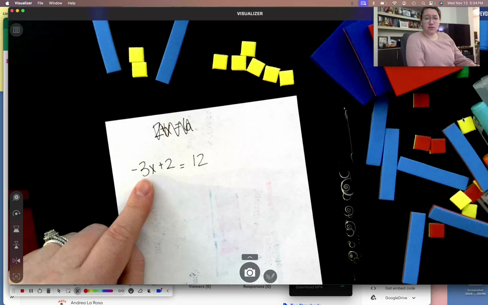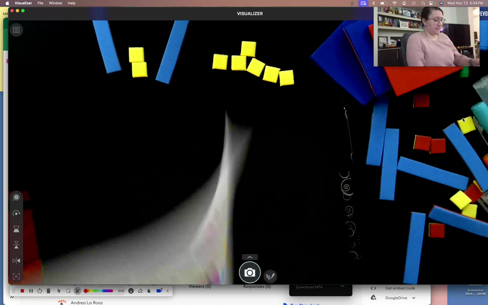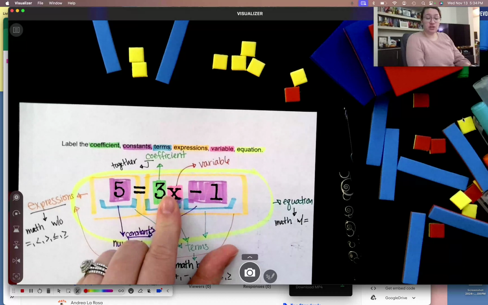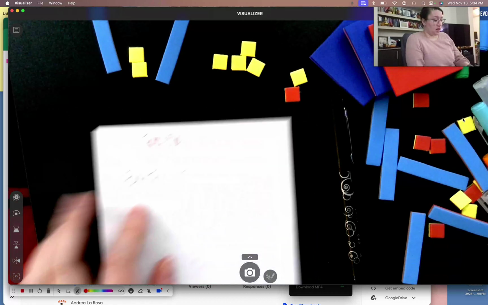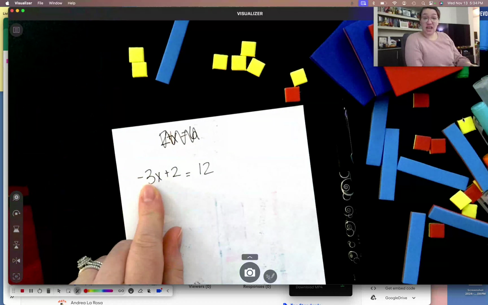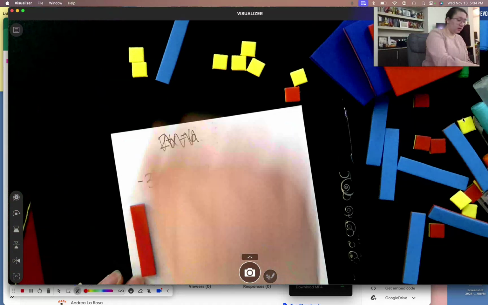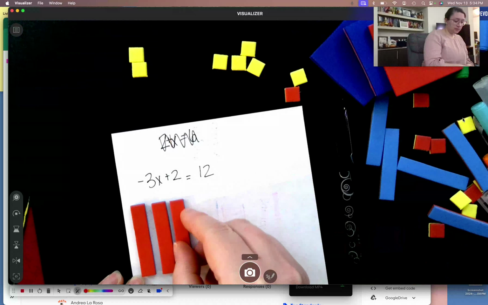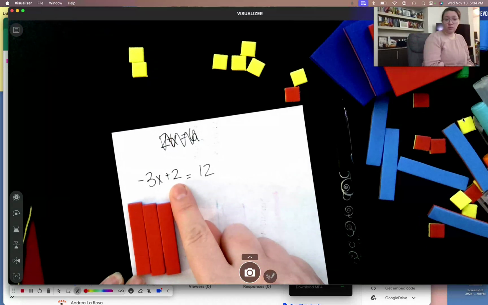Is that negative 3 a coefficient or a constant? Coefficient means it's with my variable, so what piece should we use? The longs. And what color? It's a negative coefficient, so we want red. We want 3 negative x pieces, and then plus 2.